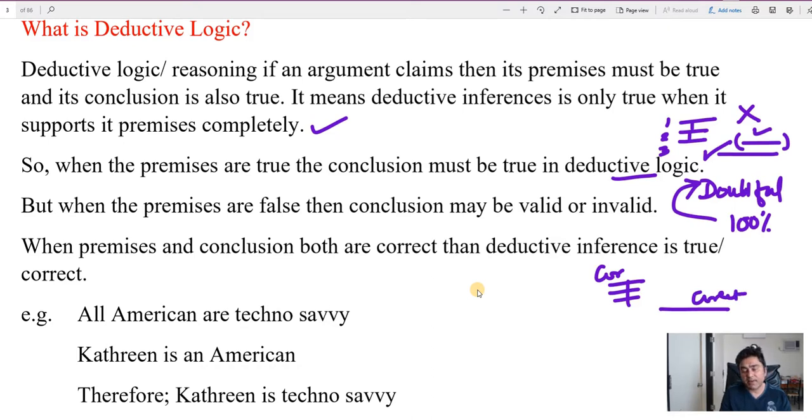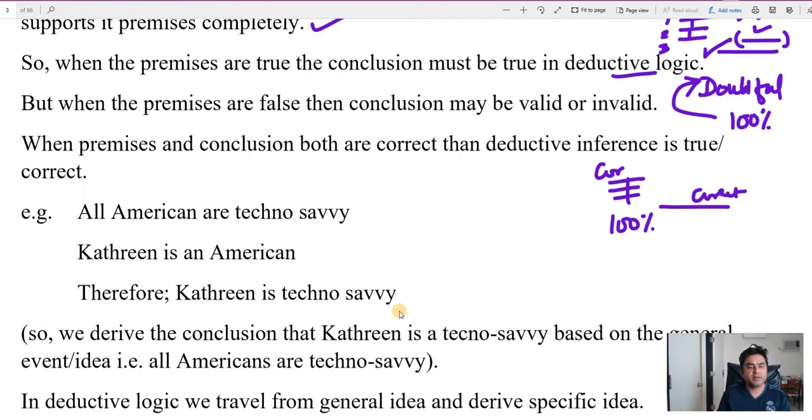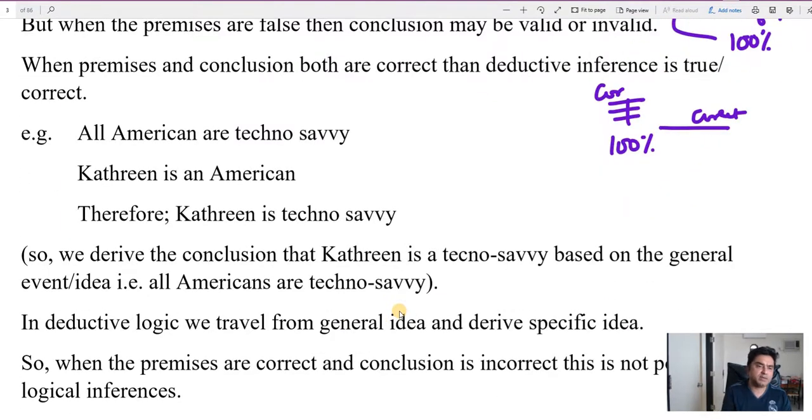For example, all Americans are techno savvy. Miss Catherine is an American. So you can conclude that Catherine is techno savvy.